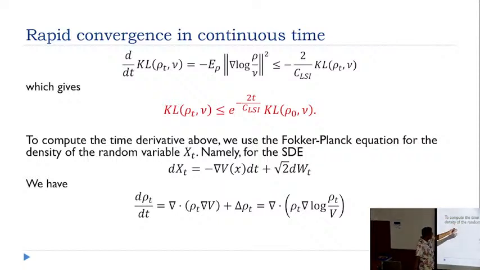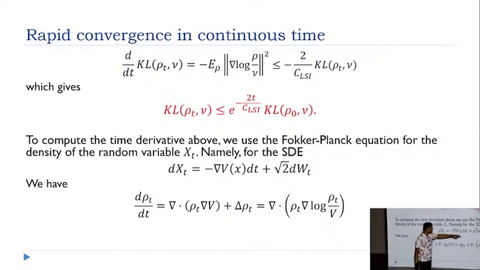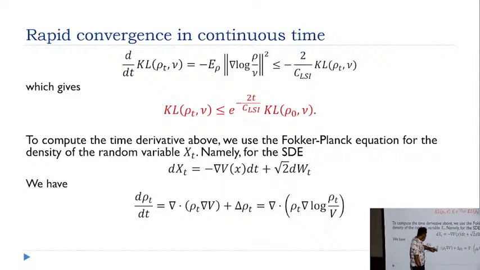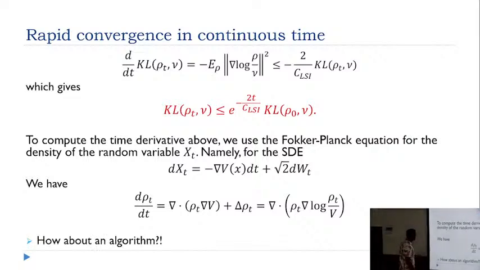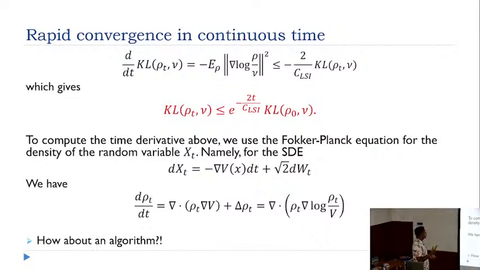One is the definition of the log Sobolev constant. That's that inequality there. And the second one is the fact that whenever you have a differential equation like this, a stochastic differential equation, there is a corresponding equation that tells you how the distribution at time t is changing. So you use these together, and that gives you the convergence proof. Now, how about an algorithm?